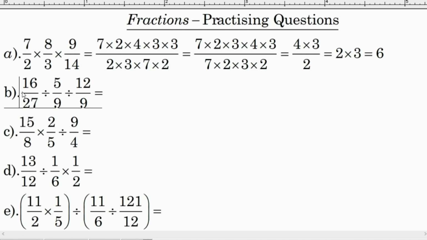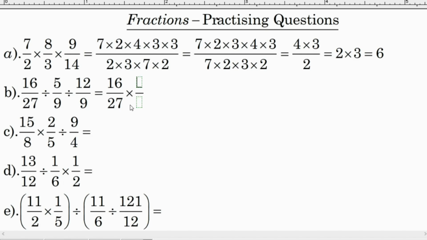We have B. We can solve the first two fractions, or we can solve the whole thing at the same time. I want to solve the whole thing at the same time. When we have divisions, we keep the first fraction, 16/27, and then multiply, that means we change the sign from division to multiplication.